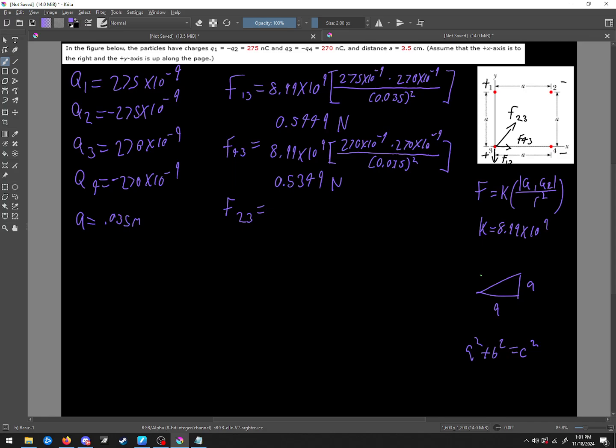plus 0.35, 0.035 squared. Then we can square root that. Okay, so we're gonna get a value here of, I'm gonna call it c or something, I don't know. And I'm getting a squared, a squared.